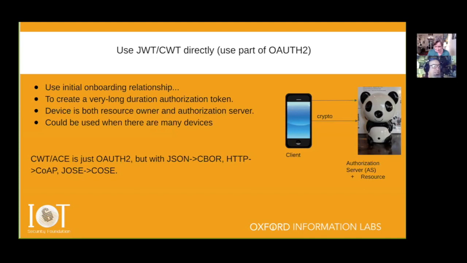So if you see, for instance, OAuth 2 is based on JSON, uses HTTP and signatures with a protocol called JOSE, which is JSON object signing and encryption. And there are constrained versions that run over very low power networks that use, instead of JSON, CBOR. Instead of HTTP, they use a protocol called CoAP. And instead of JOSE, they use COSE, which is CBOR object signing and encryption.